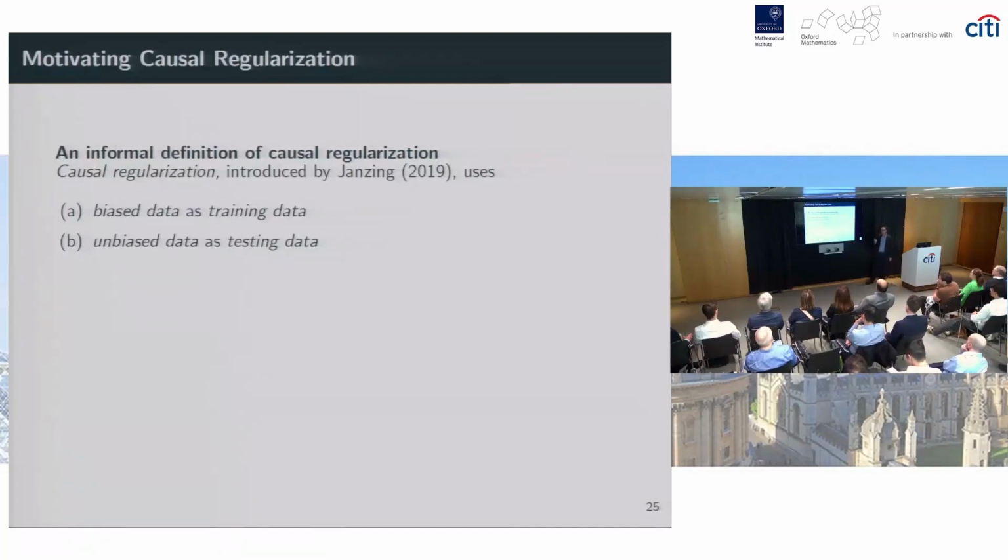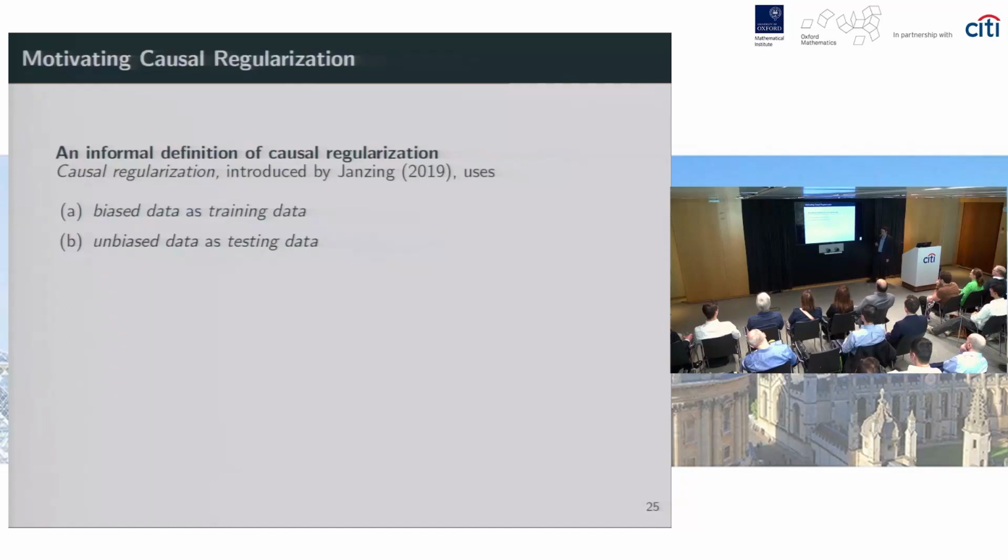Your unbiased data is too small to do any kind of sophisticated fitting. You have 100 or 1,000 data points. That's not enough to fit anything sophisticated, definitely nothing non-parametric, but even if you put too many parameters, it will break down. But what you can do is treat it as a testing sample, as an out of sample.